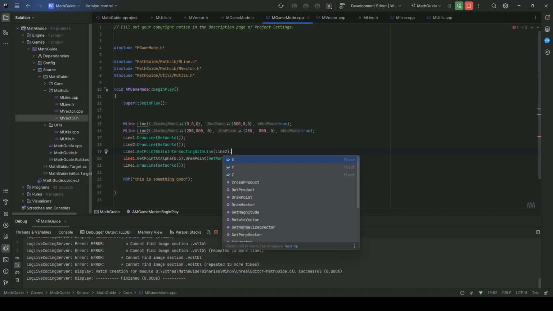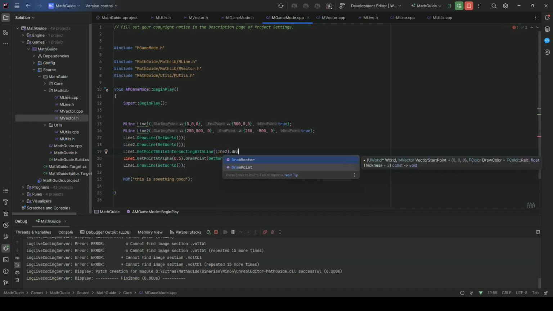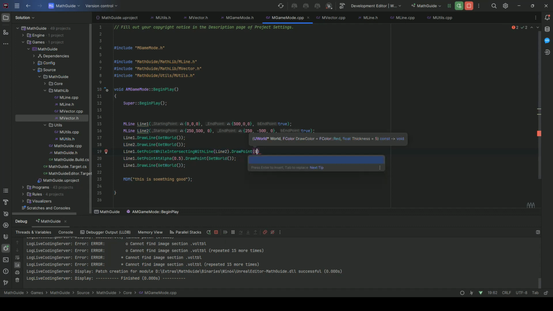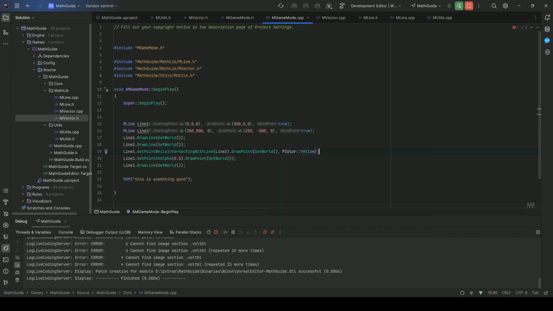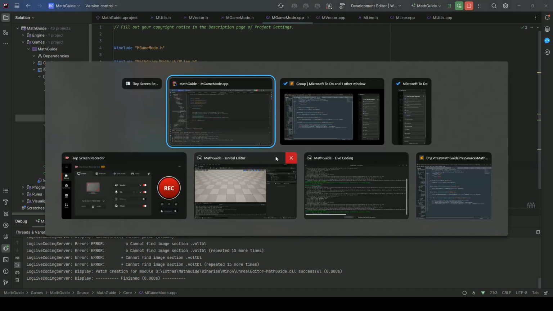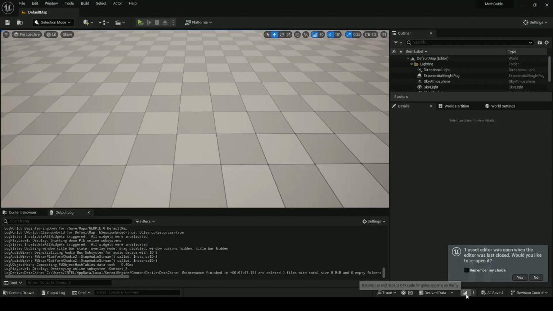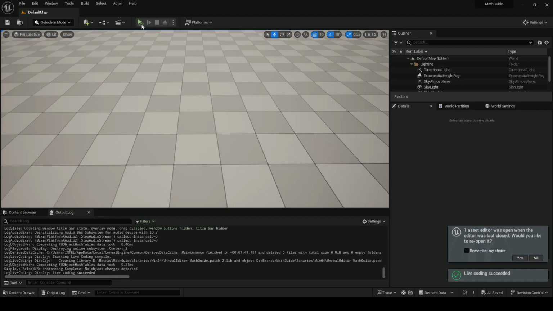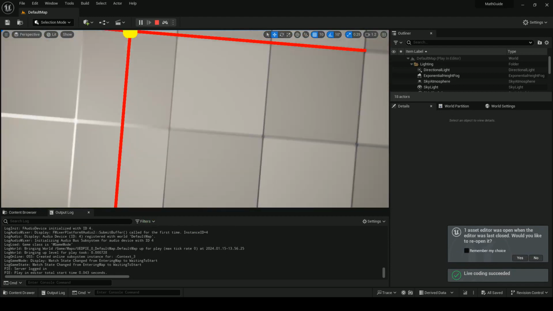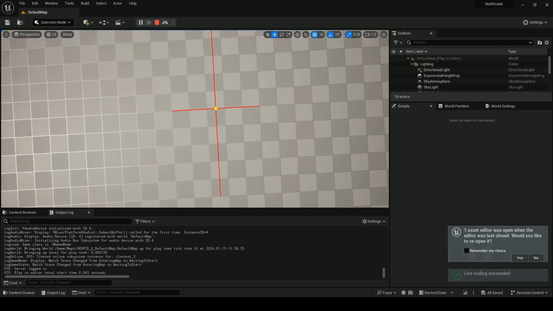It will give you the vector. So draw point, get world, comma, I want to change the color, so FColor yellow maybe. Let me comment this. Unreal. Let me compile. Compiled successfully. Let me compile, and this is working perfectly.